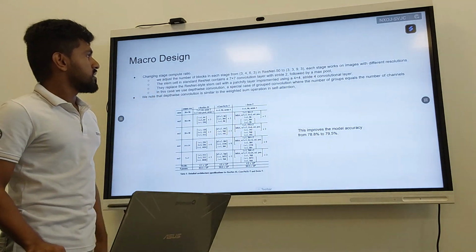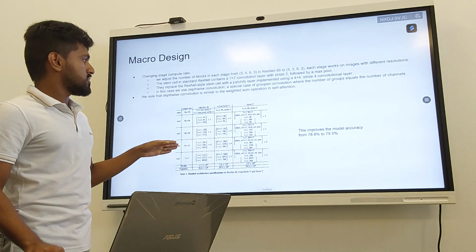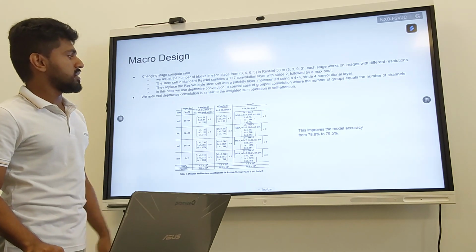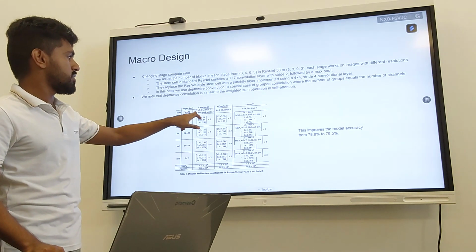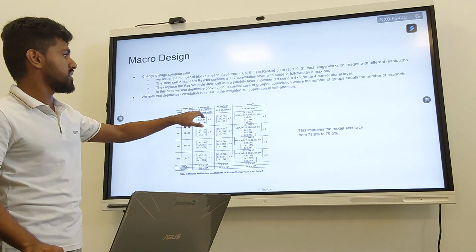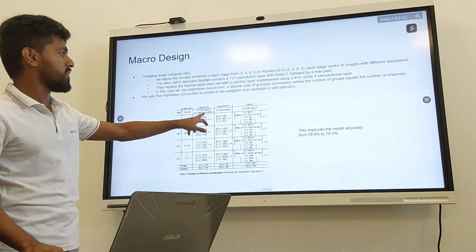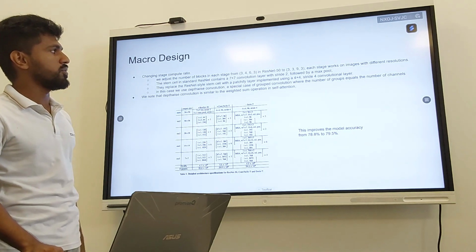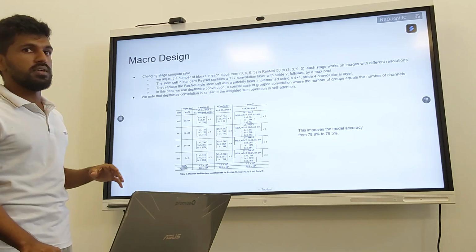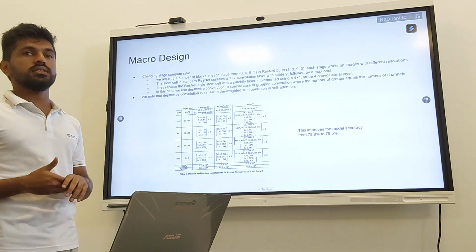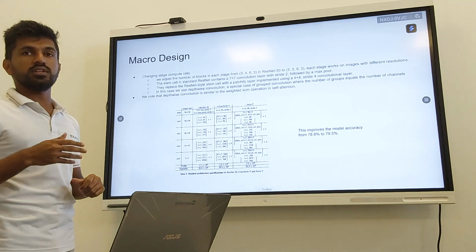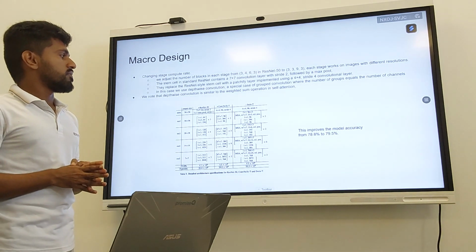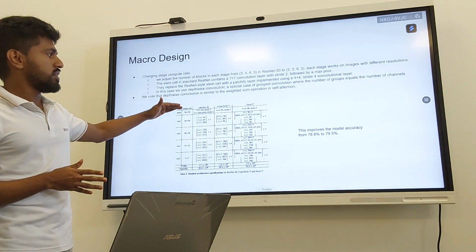They also changed the stem cell in standard ResNet. In the standard ResNet architecture, the stem cell uses 7x7 kernels followed by max pooling, both with stride 2. The stem cell is used for downsampling the input resolution at the start of the model.